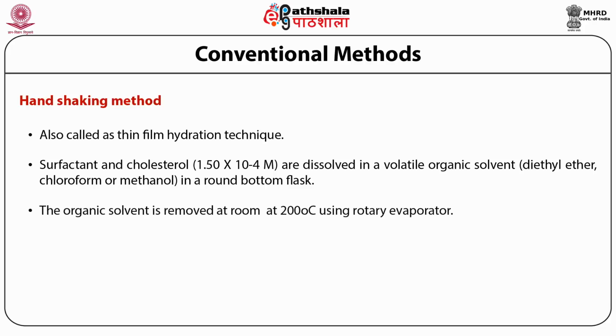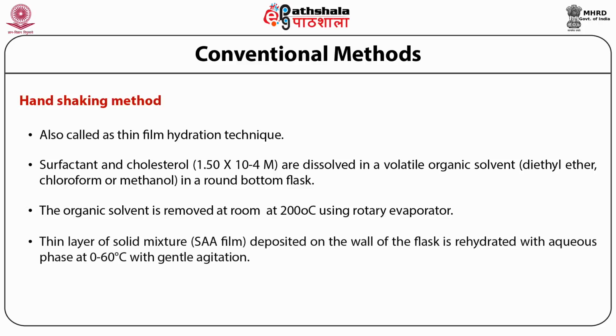The organic solvent is then removed at temperature 200 degrees centigrade using a rotary evaporator. A thin layer of solid mixture is deposited on the wall of the flask and is then rehydrated with aqueous phase at 0 to 60 degrees centigrade with gentle agitation.